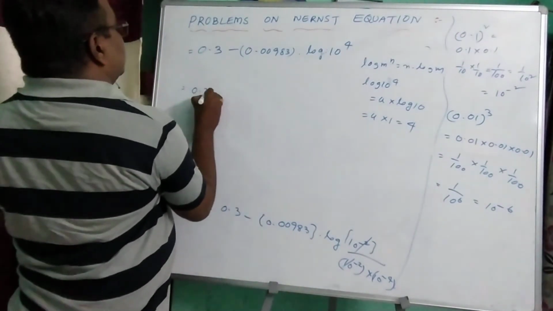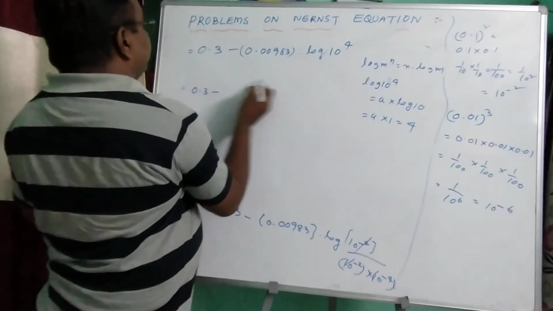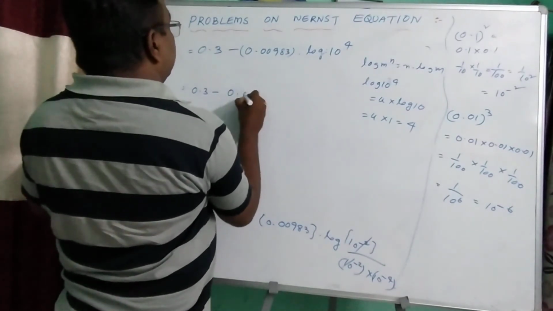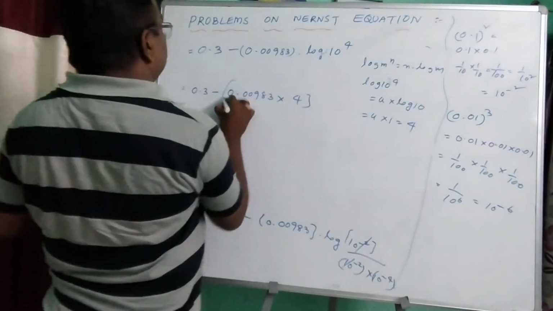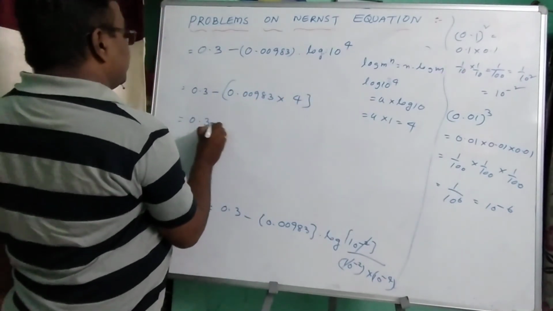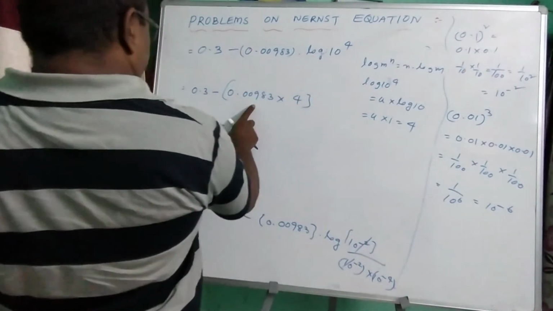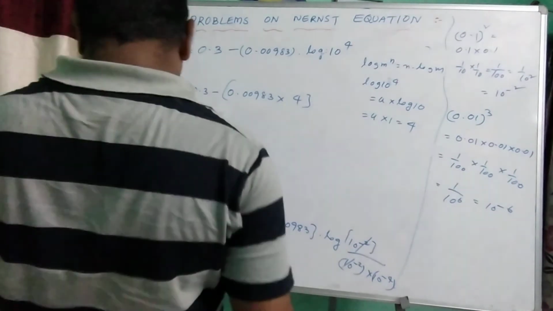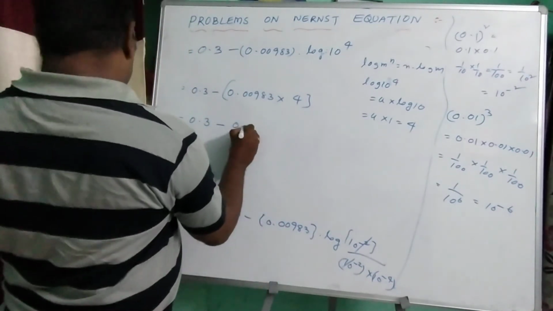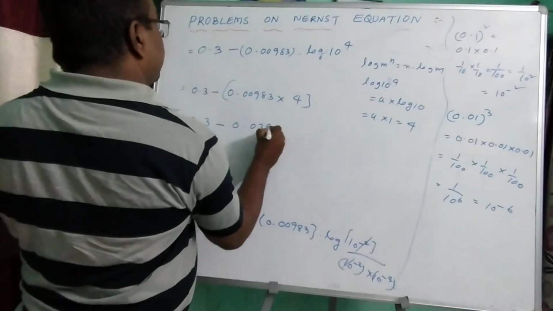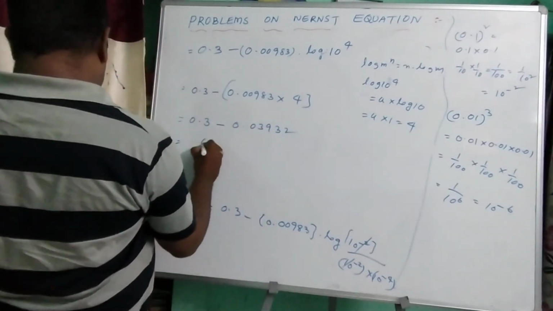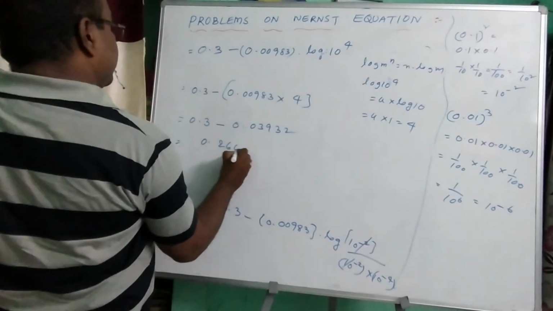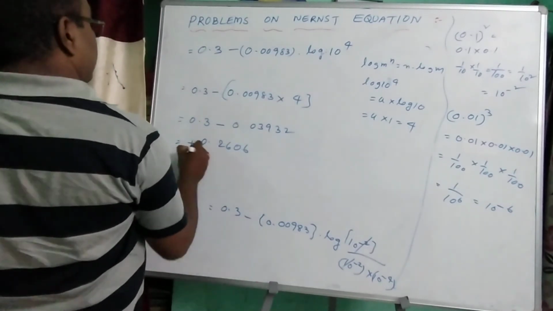That is equal to 0.3 minus 0.00983 into 4, which is 0.03932. So that is equal to 0.2606 plus volts.